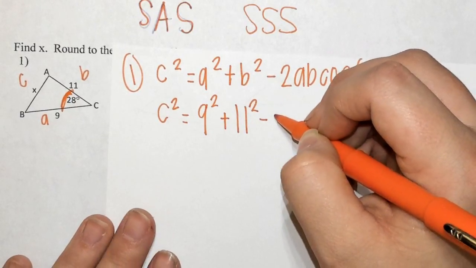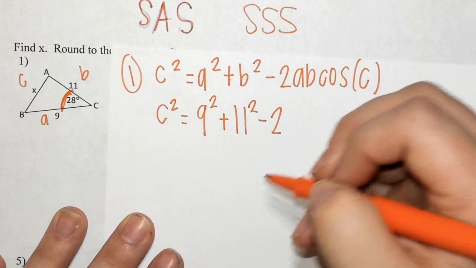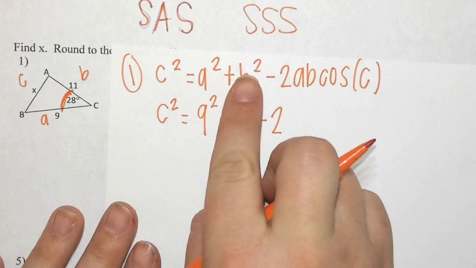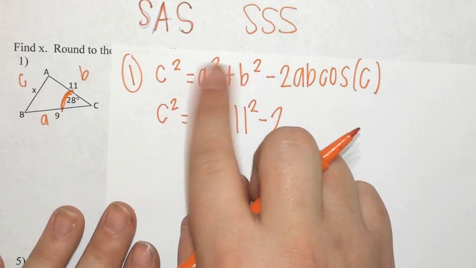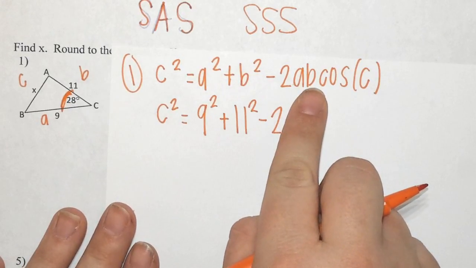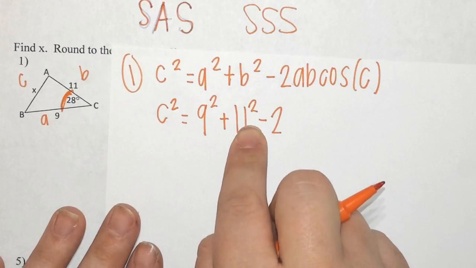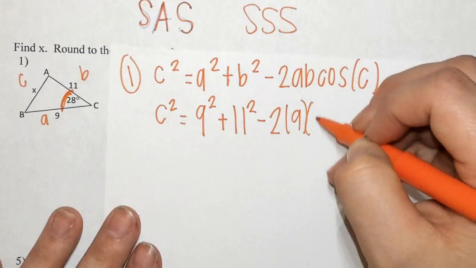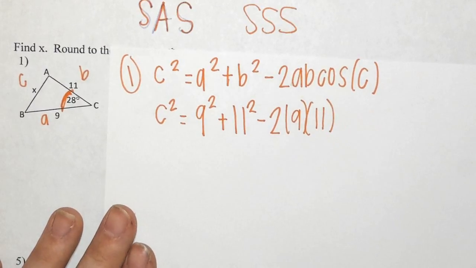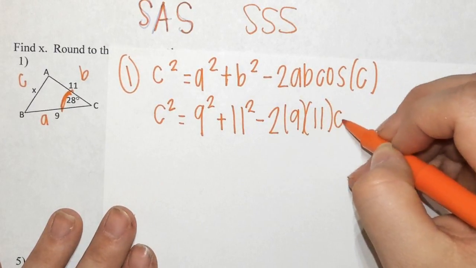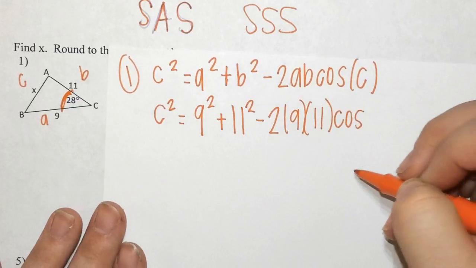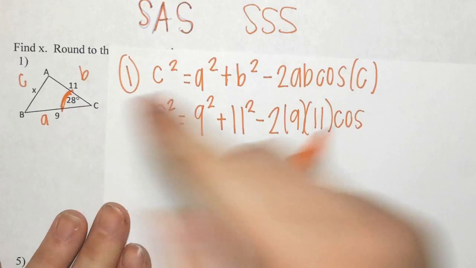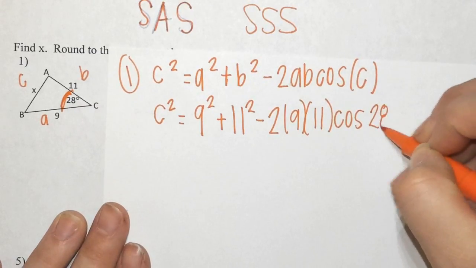This 2 stays the same because it's just a 2. So I'm going to multiply 2, but whatever's right here and right here, A and B. Right here I'm adding them, right here I'm multiplying them. So if 9 and 11 are right here, they're always going to be right here as well. So not squared though, just normal. 2 times 9 times 11 times cosine. Do I know cosine of C? 28. I know the angle, that's an angle, so here we go.